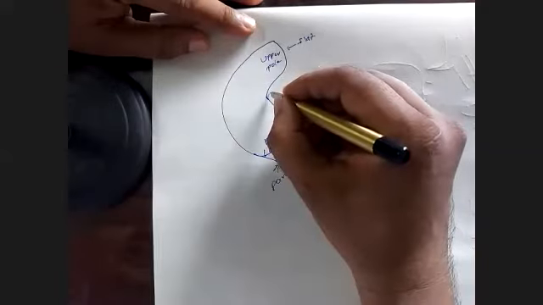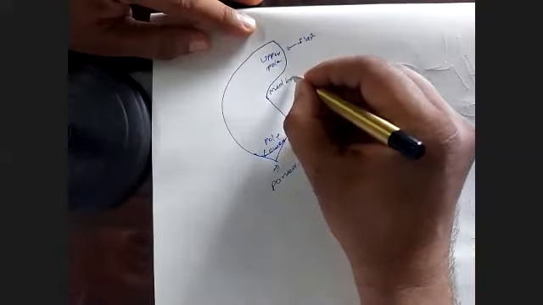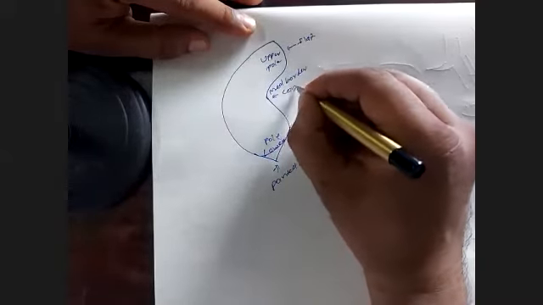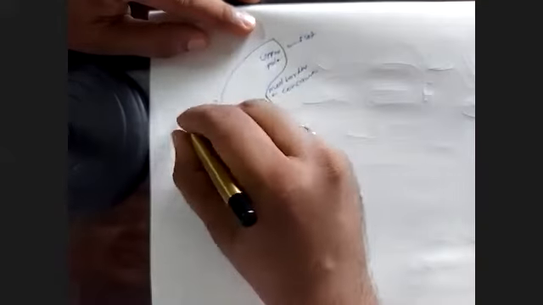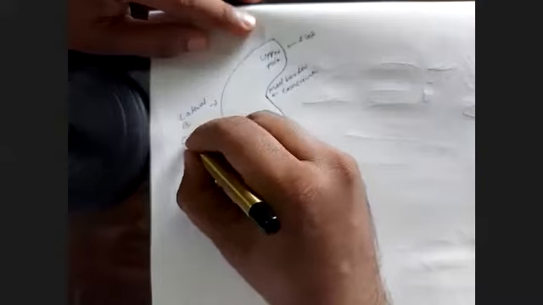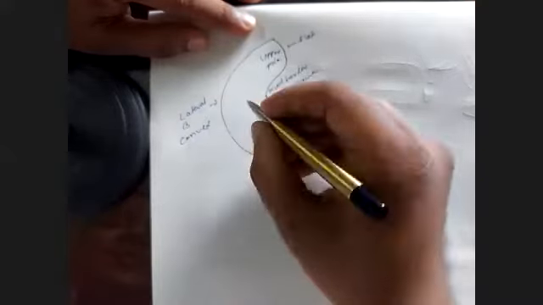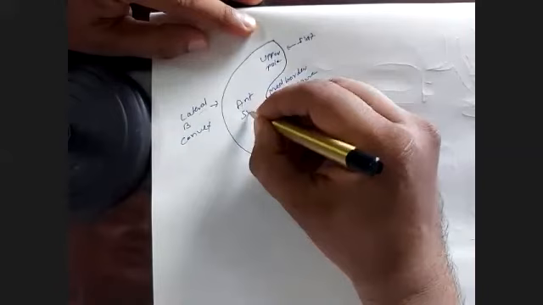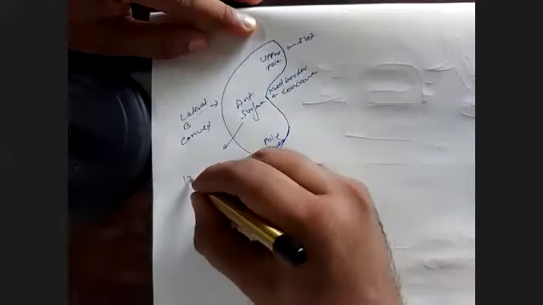It has a medial border, and one word about it is concave. Lateral border, and one word about it is convex. It has an anterior surface, and one word about it is irregular.